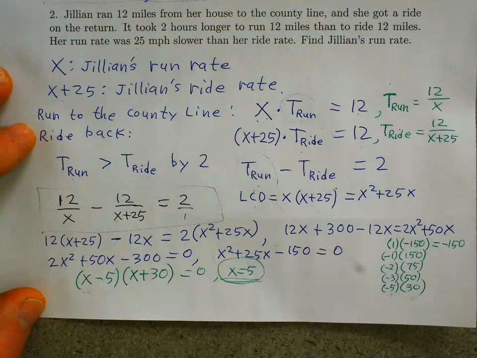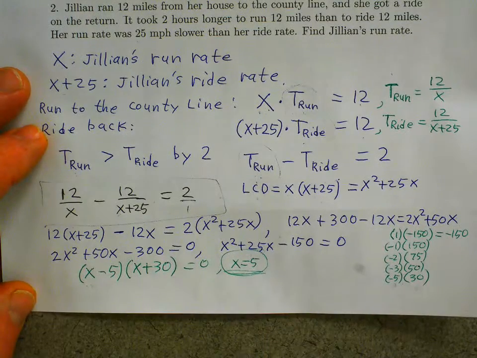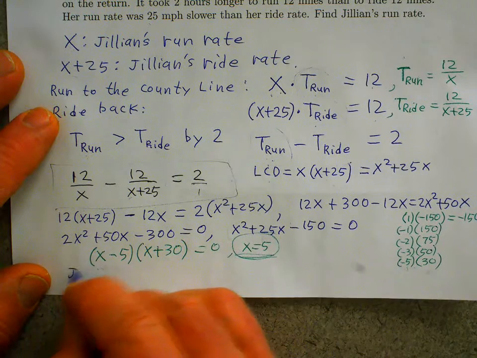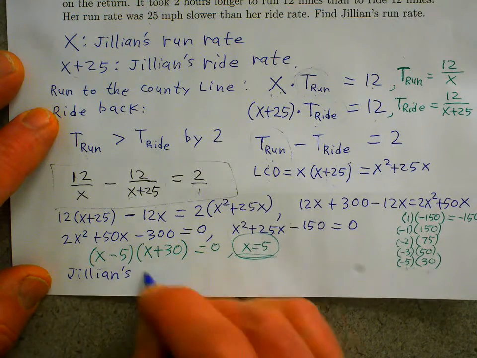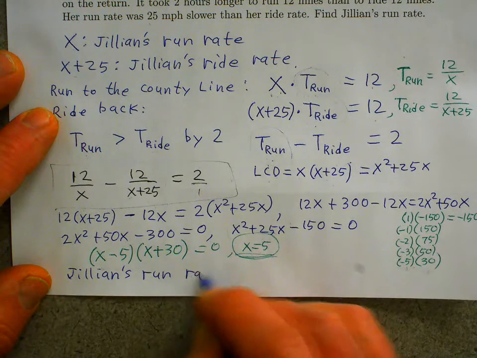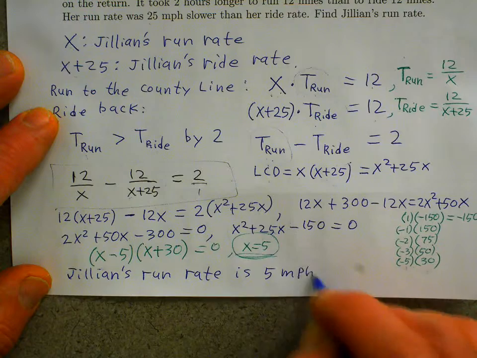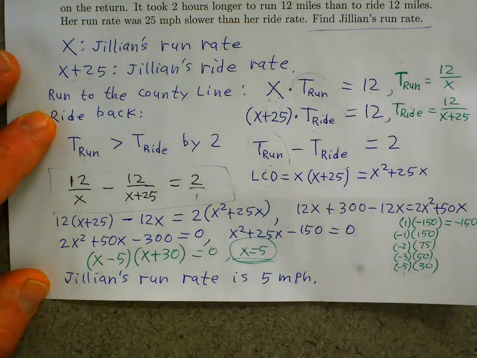So Jillian's run rate is 5 miles per hour. So I'll just make note of that. Jillian's run rate is 5 miles per hour. And that's all we were supposed to find, so that's all we will write for that.